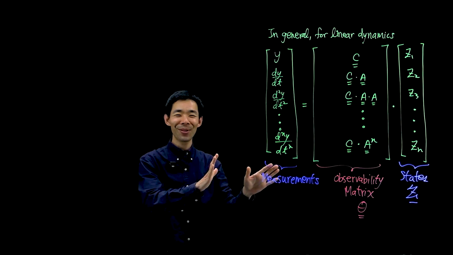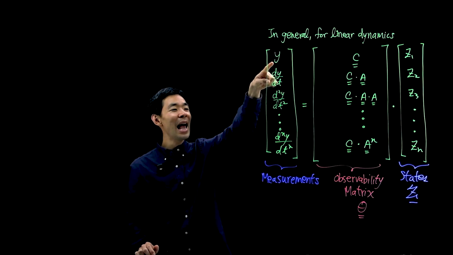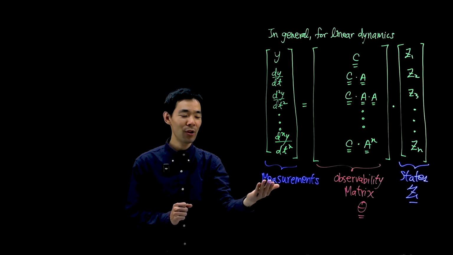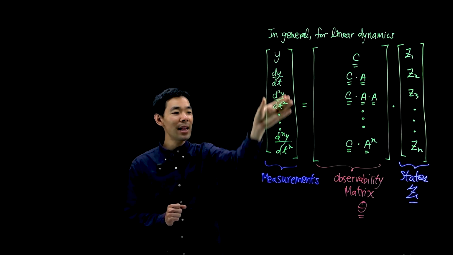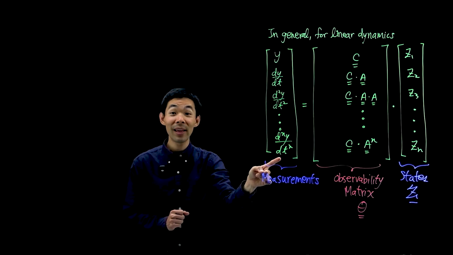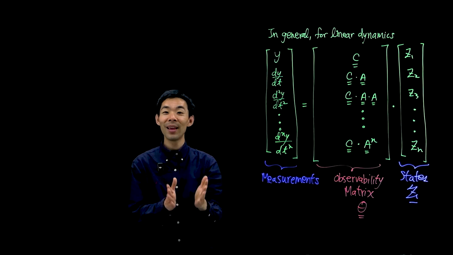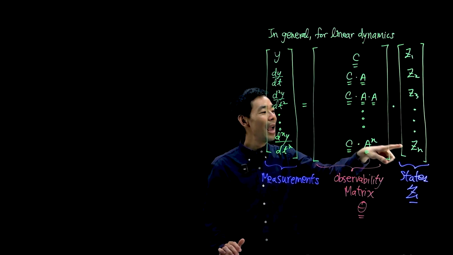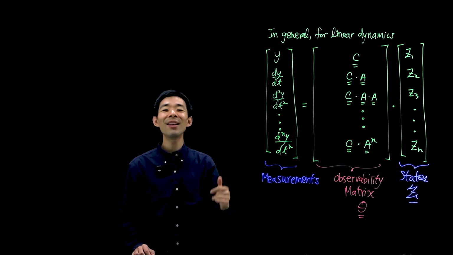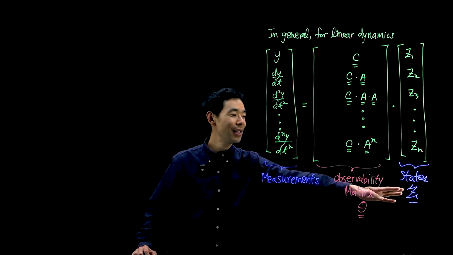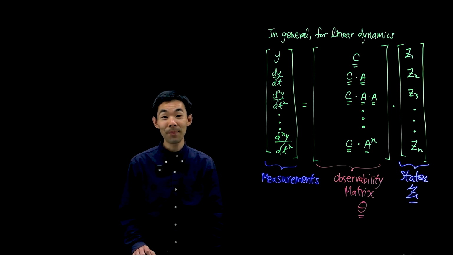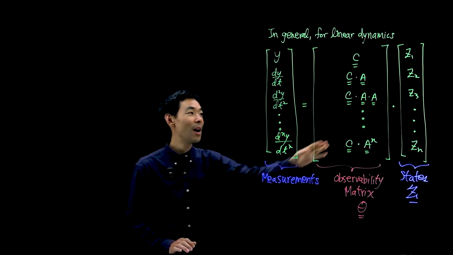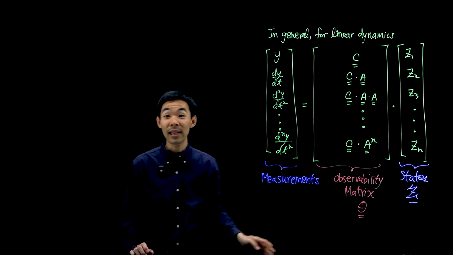What this tells you is that if you make n measurements of what you have access to, that means you can take n derivatives in time of your measurements. Then you can uniquely determine the n variables inside of your state vector z, even if you do not have direct measurements of a lot of these states.